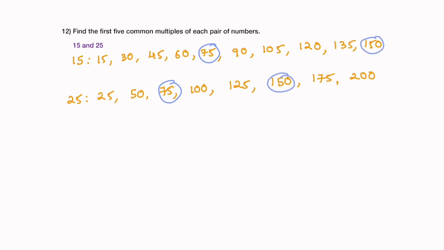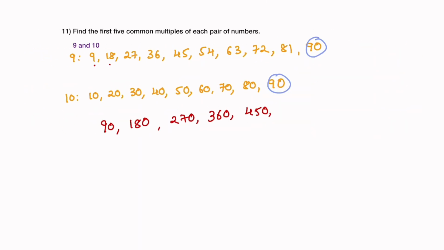So we know the pattern, right? 75 plus 75 is 150, plus 75 will be 225, plus 75 would be 300, and plus 75 is 375.